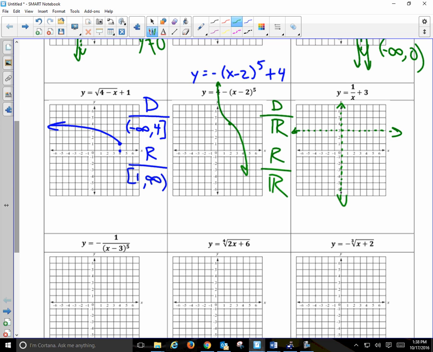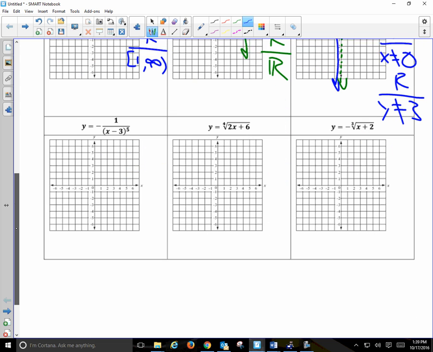Is there any vertical reflection here? Nope. So domain x not equal to 0, range y not equal to 3.